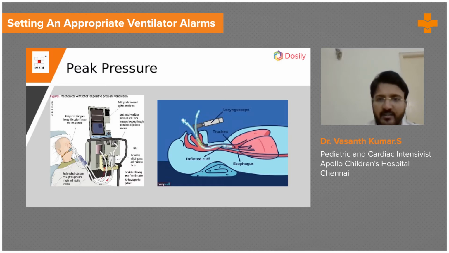Suppose here you see, this is the ET tube. Suppose a patient turns to the left or the right, it can get kinked. So kinking is a reason for high peak pressure. There can be a lot of secretions here, which again will be the reason for increased peak pressure. There can be bronchospasm. So predominantly airway problems are the reason for increased peak pressure.